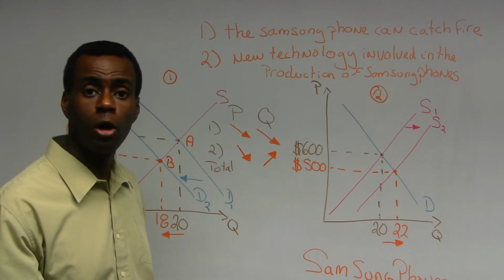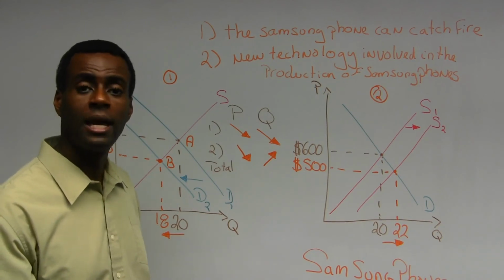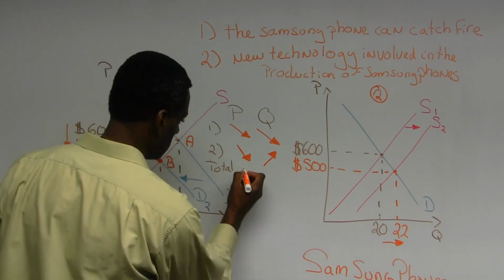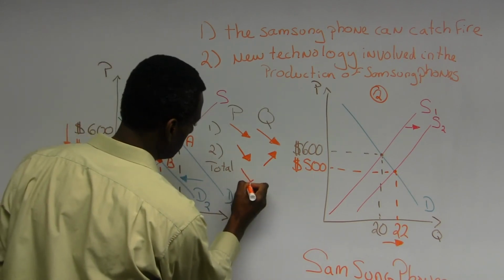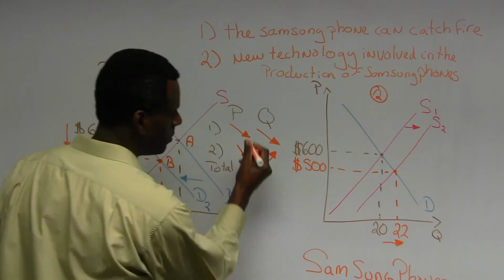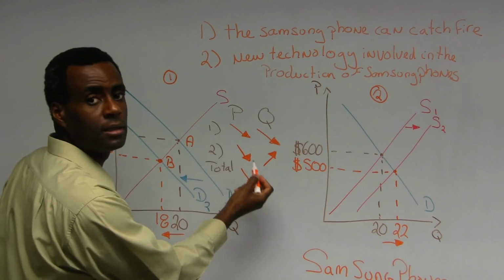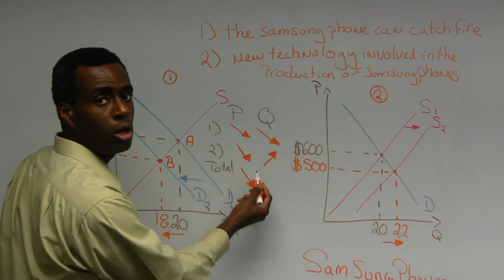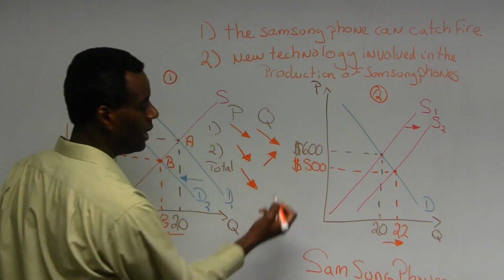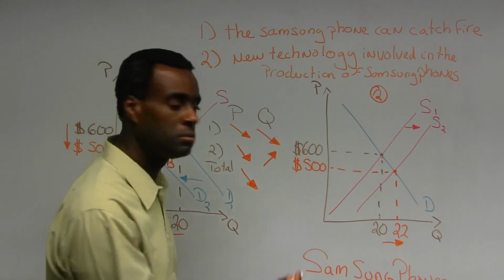To make the sum of all these forces acting on the market we simply look at the direction of the arrows, and here we encounter a problem.